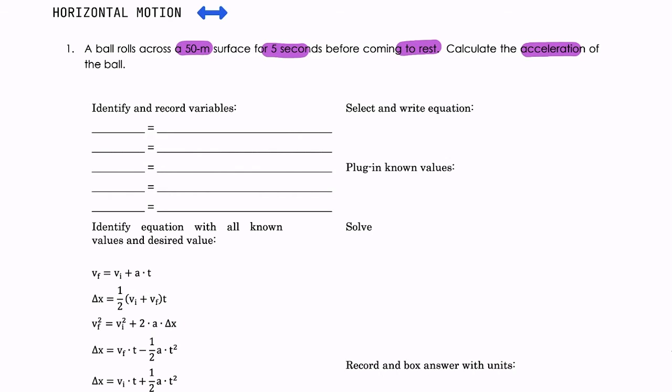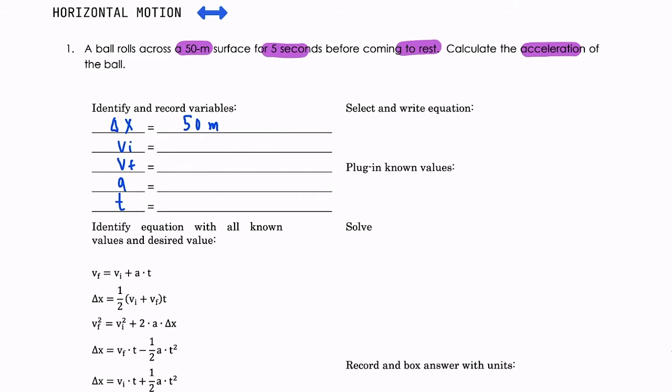The table where you identify and record variables can be organized like this: delta x, vi, vf, a, t. Delta x, we're told, is 50 meters. It's the horizontal displacement.